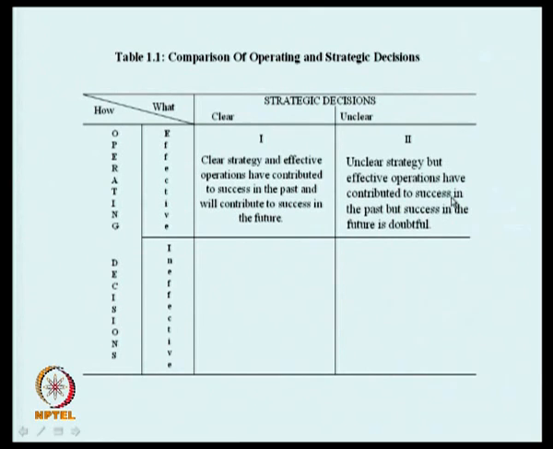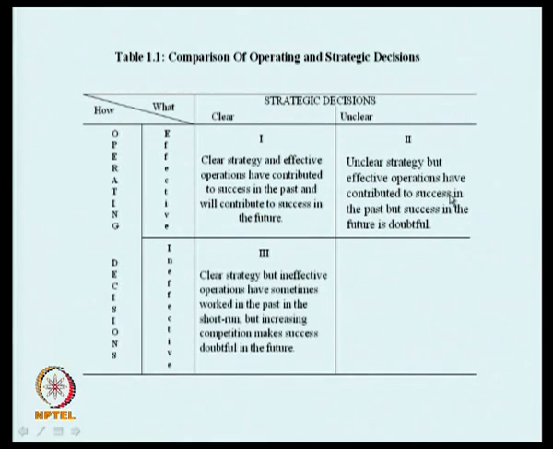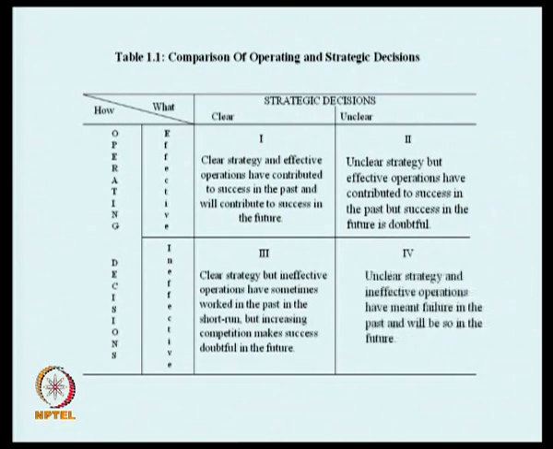We see 4 quadrants here, and what is the type of decisions, how they are going to affect. So, let us look at quadrant number 1.